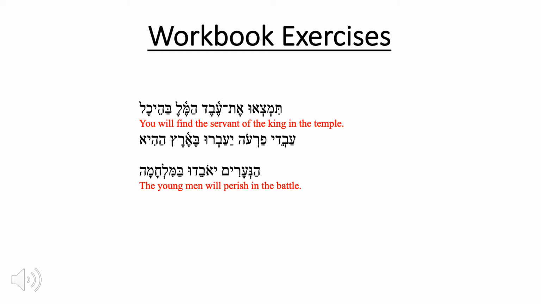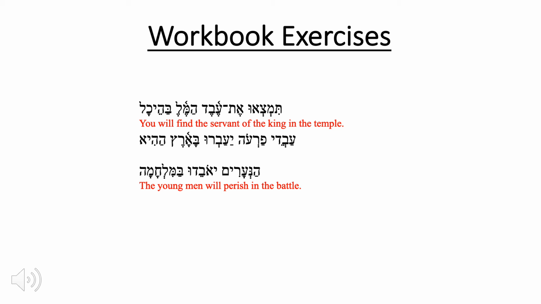In this particular case, the subject is fronted, ha-na'arim, the young men, and then we have a third person masculine plural, they will perish, with the yod prefix and the shuric suffix. Coming from the verb avad, here we have the holum over the aleph, because this is one of the angry baker verbs. You have to eat my food or you will perish.